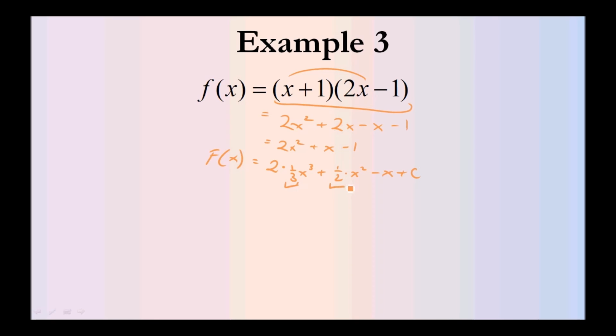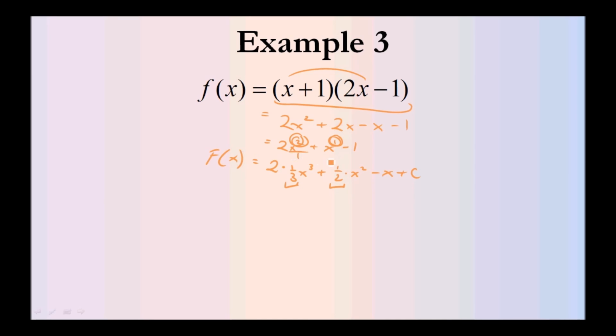To get these two bits here, we added 1 to the existing exponent. So 2 became 3 and 1 became 2. And in the denominator, which we wrote as a fractional constant, we added the existing exponent value to the understood 1 in the denominator.